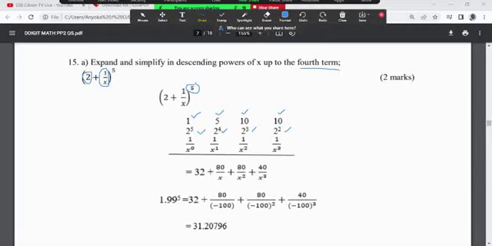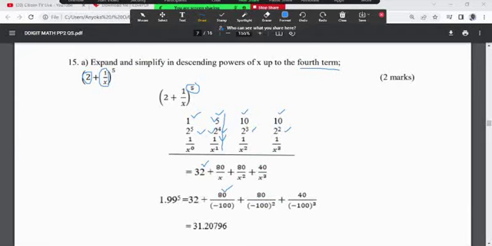Now we combine. 2 to power 5 is 32, then 1 over 1 is 1. 2 to power 4 is 16. We multiply this column: 5 times 16, 80. 80 times 1, we have 80, over x.